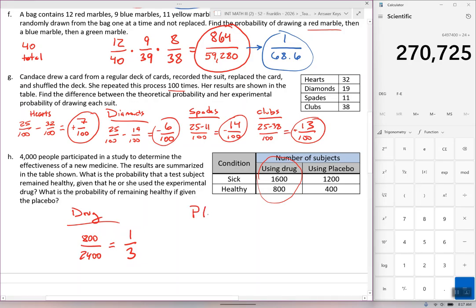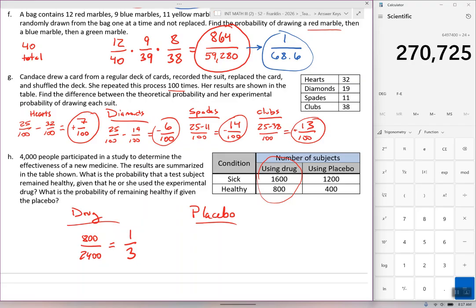For the placebo, which is a sort of a mental trick, right? You're given a pill, usually it's a sugar pill, but it doesn't have any medicine in it. And so it's seeing whether the drug is effective or if it's just a kind of a psychological effect.